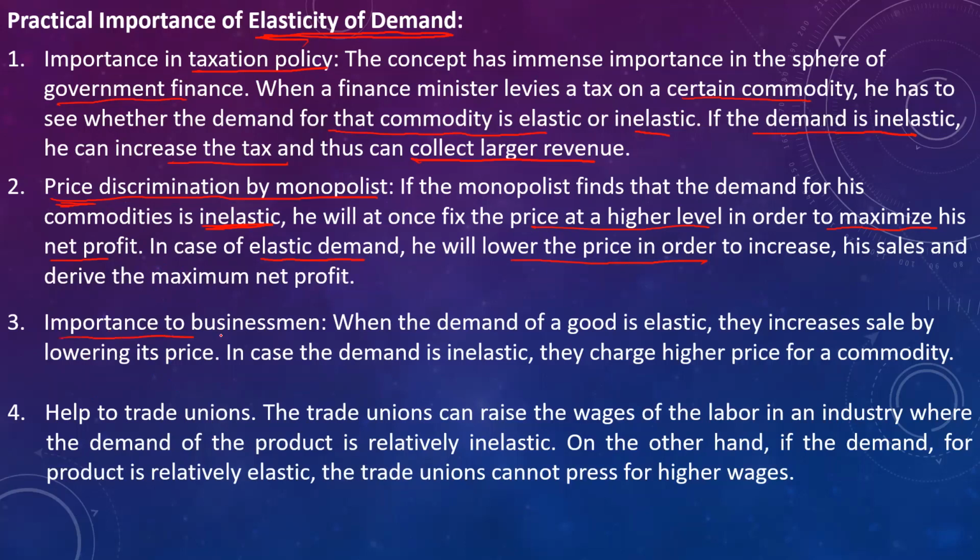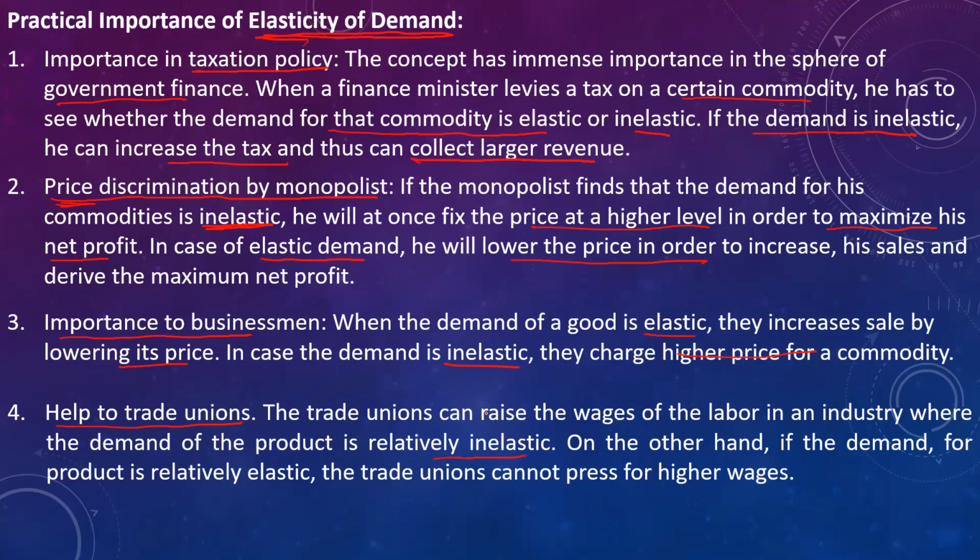Then importance to the businessman. When demand for a good is elastic, they increase sales by lowering the price. Whereas when demand is inelastic, they charge the higher price. So based on that, they will plan their sales, whether it is elastic or inelastic. And also it helps trade unions. The trade unions can raise the wages of the labor in an industry where demand for the product is relatively inelastic.